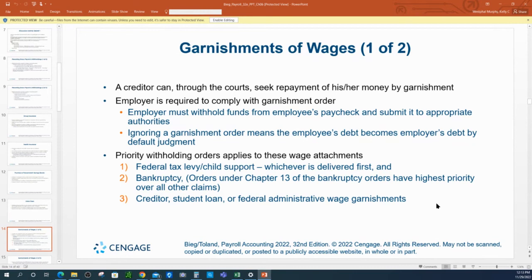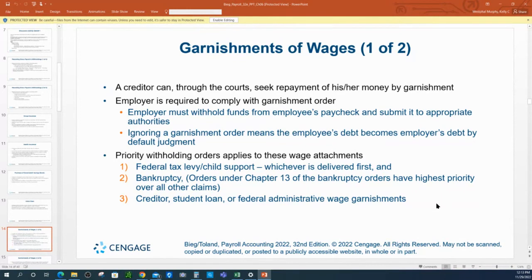Now, sometimes people will have multiple garnishments in place, and there is a hierarchy of garnishments. What comes first? First would be either federal taxes owed or child support, whichever of those two was delivered first. So federal taxes are on par with child support. Next would be bankruptcy.